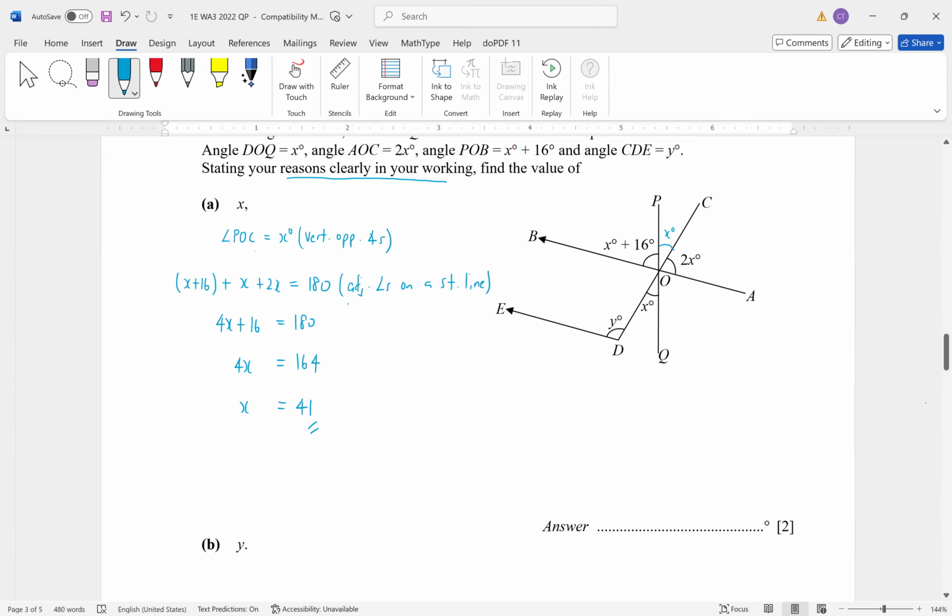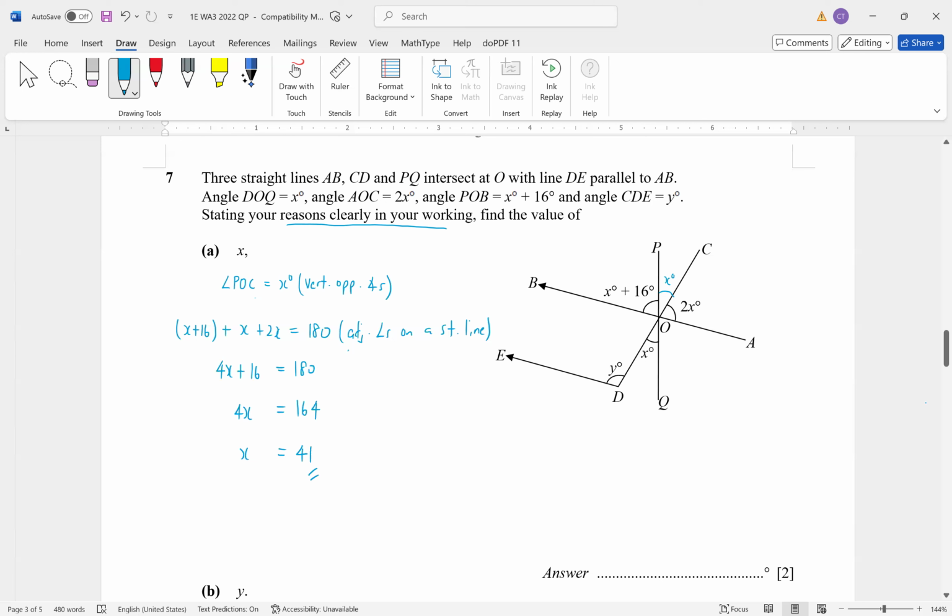Then in part B, we are asked to find the value of Y. Angle Y, or Y degrees, is actually angle CDE. The first thing you can ask yourself is, this angle CDE is equal to which other angle in this diagram? Over here you have your two parallel lines, AB and DE.